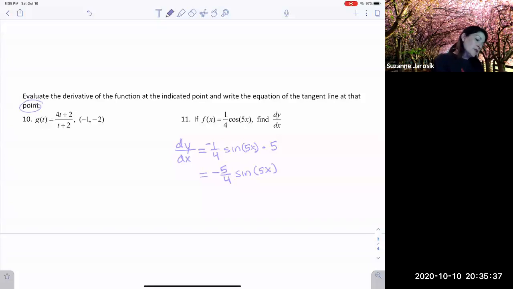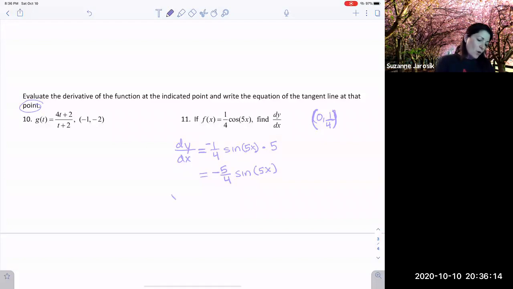So let's make a point of 0, 1/4. If I plugged in 0 for cosine, right here, cosine of 0 is 1, 1 times 1/4 is 1/4. Well, there's my point. I'm not sure where it went on the notes, but it disappeared on me.